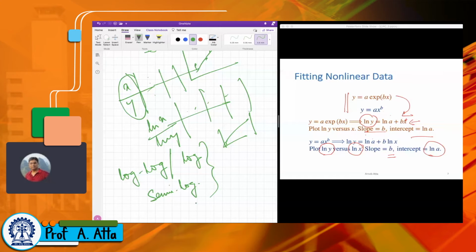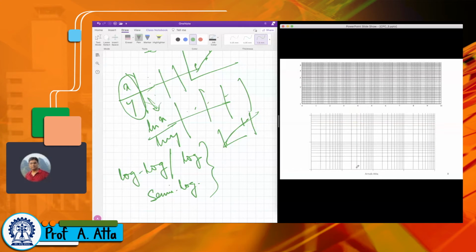But earlier, the engineers had to plot this manually on graph paper. On a rectangular graph paper, they had to first convert these expressions to logarithmic values, plot them, get the straight line slope and then the intercept. So they constructed graph papers called log-log or semi-log.